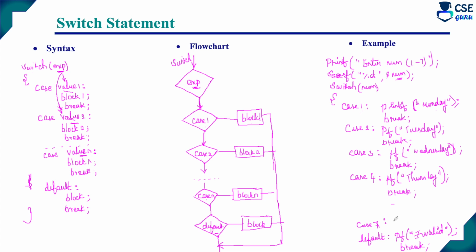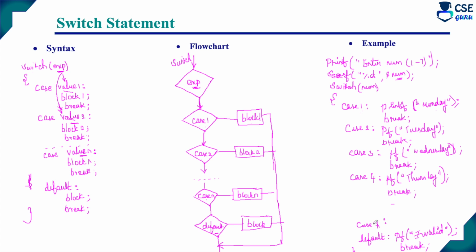Up to that alternative, it will check. Suppose the number you have entered is not between 1 and 7. In that case, automatically it will go to the default part and print invalid, the number you have entered is invalid, and then it will break. This is the end of the switch statement.